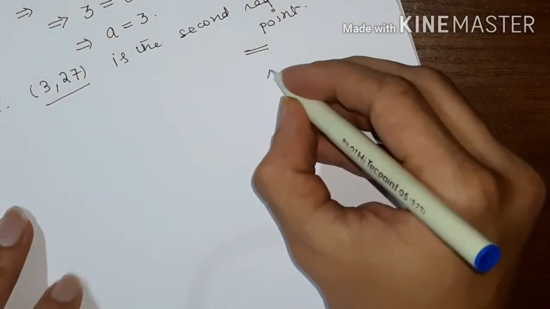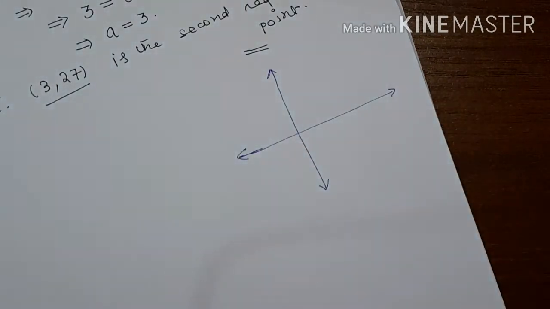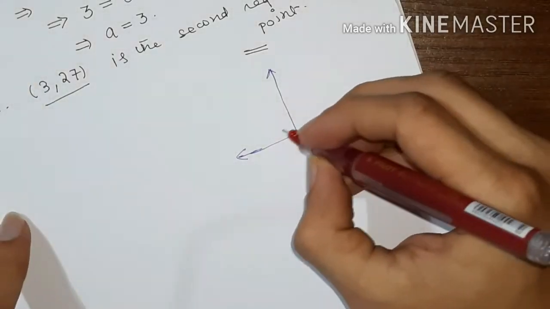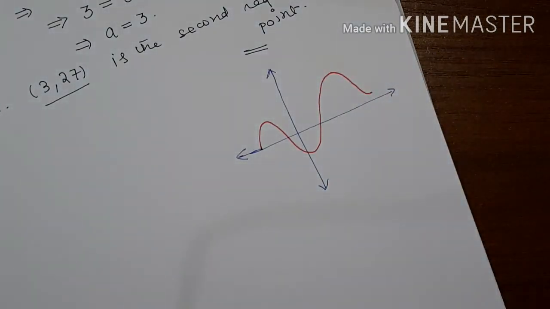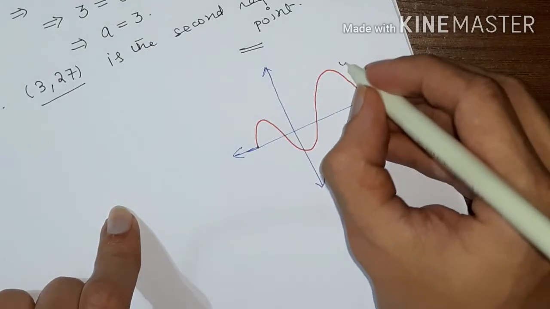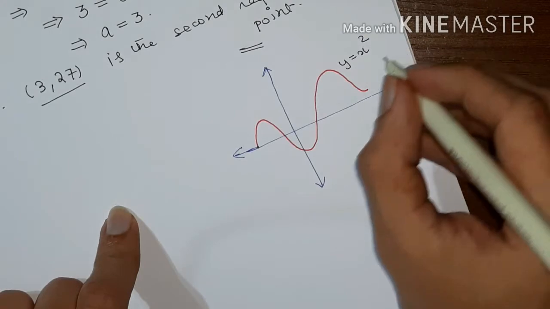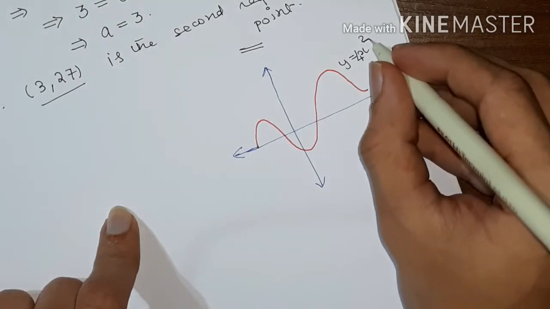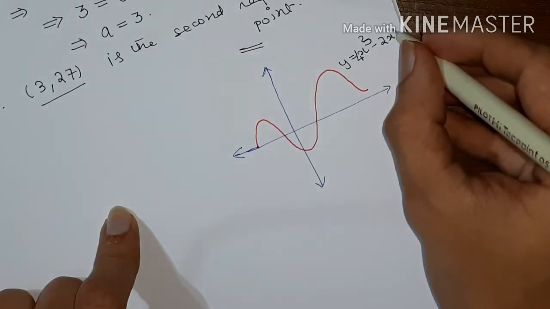If this is the coordinate axis here, and if you have a curve, this is not the exact same curve, but we will take this as the curve. So the curve given is y equal to 4x cube, not x square, y equal to 4x cube minus 2x raised to 5.